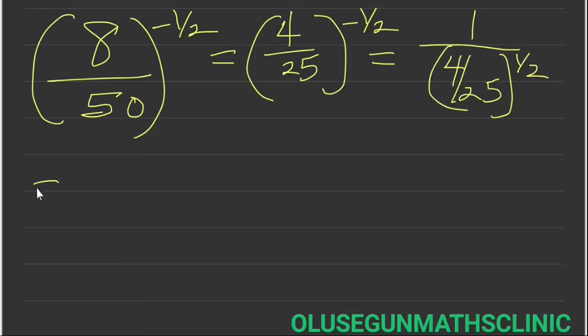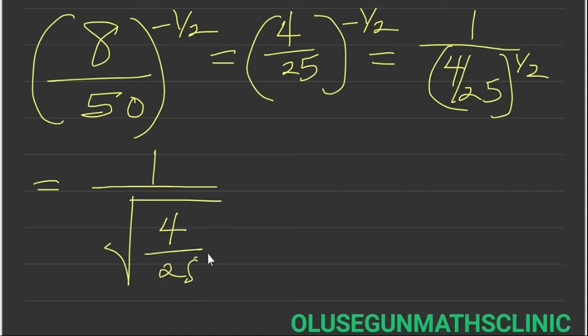So therefore, it means that since it's raised to power 1/2, let's find the square root. So you have 1/4 over 25, which is 1/2 divided by 5.